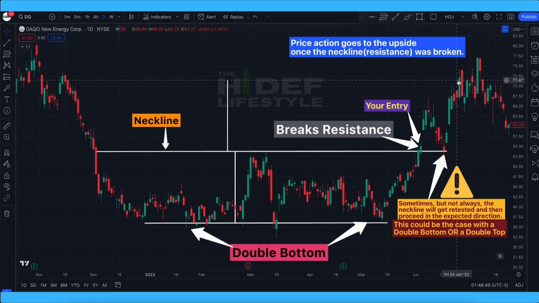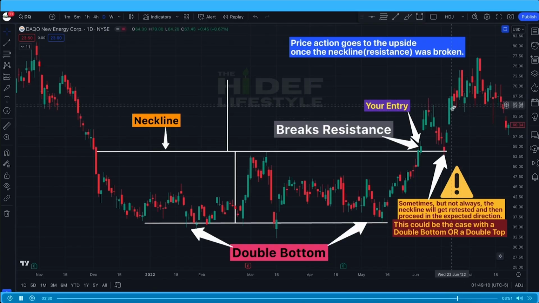All right, so just wanted to touch on that. And then also here, in every case, when you break through the neckline, there's not always going to be a retest of it, but sometimes it will retest. In this case, you see it did. It broke through, but came back down to retest the neckline and then proceeded to the upside.